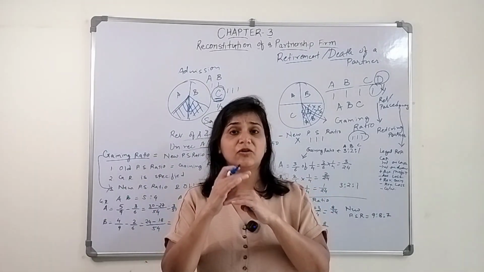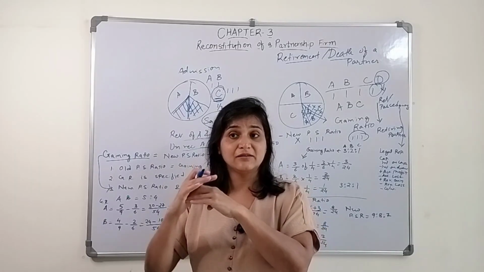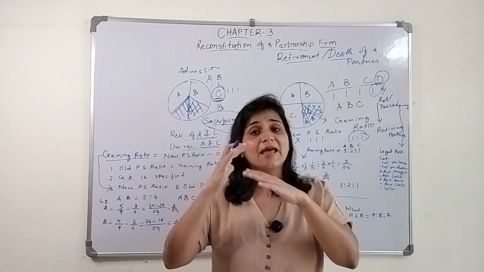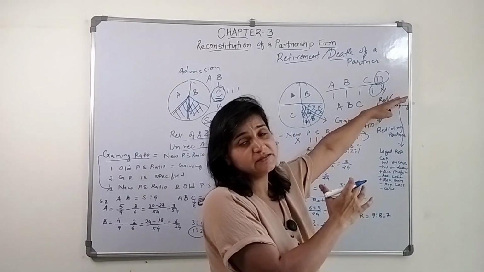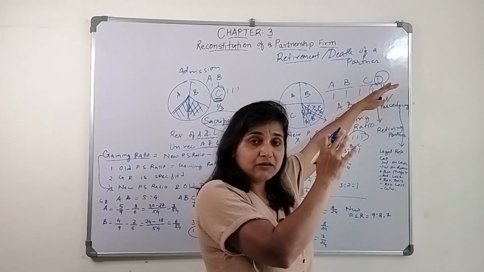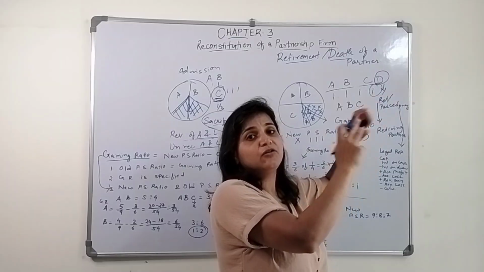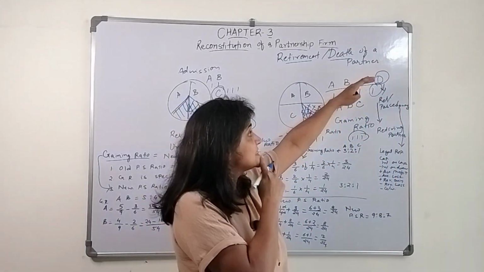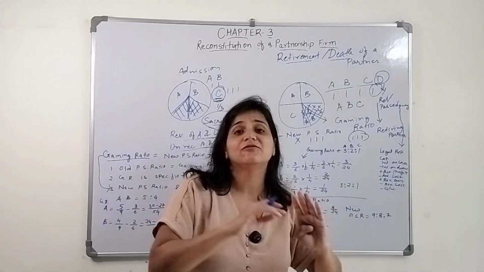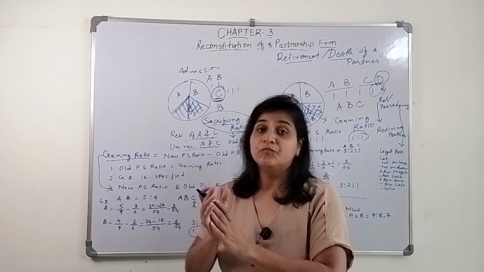Whatever name and reputation that firm has earned over the years belongs to the partner who has passed away. So that part of goodwill we need to share with the partner who has passed away or retired. For that we need a gaining ratio.